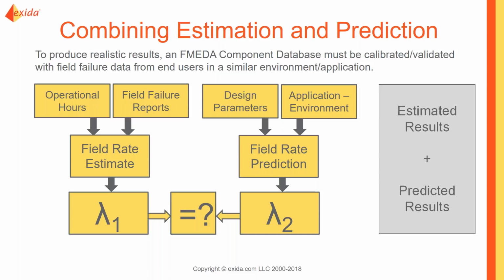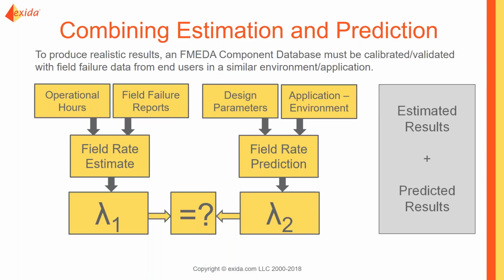So here's something where you can see what you should expect, or how you should compare. You have the operational hours and the field return reports. That's the estimation side. They get their own field rate, and then you get lambda 1. This is very simplistic, and we'll go into more detail, or I can do a different webinar on it. Then you have the predicted side, where you have your design parameters, your applications, your environments, how it's going to be used, and then you get a predicted failure rate, lambda 2.